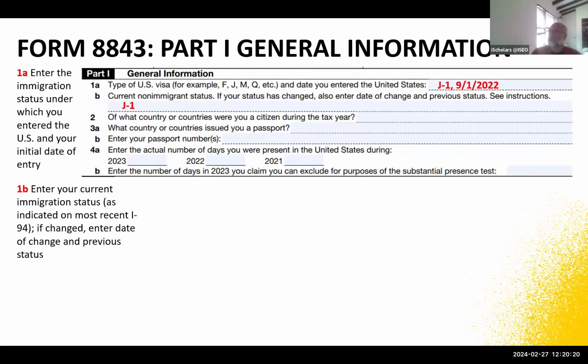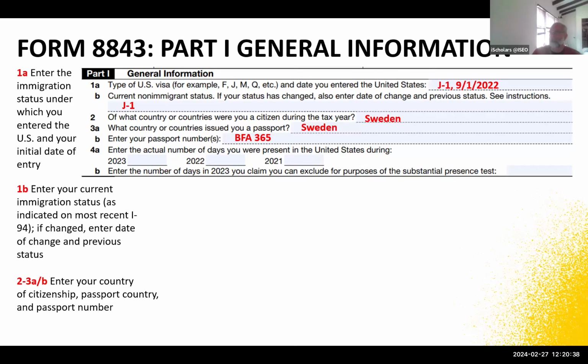For question 2, of what country were you a citizen during the tax year? So this would be your country of citizenship or passport country. And then you would enter your passport number in the blank below.